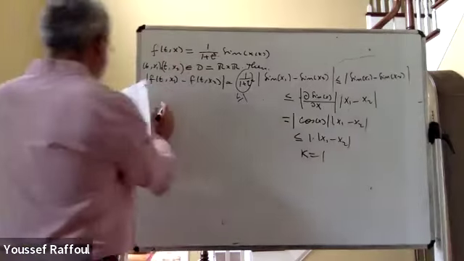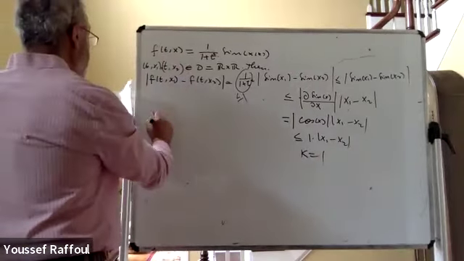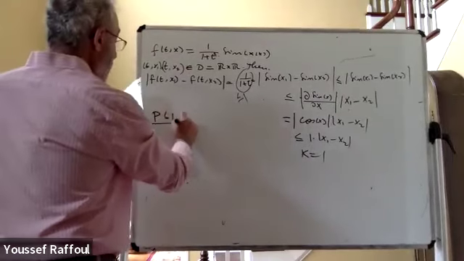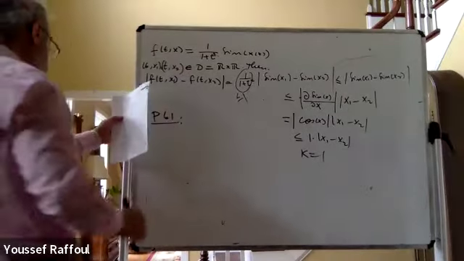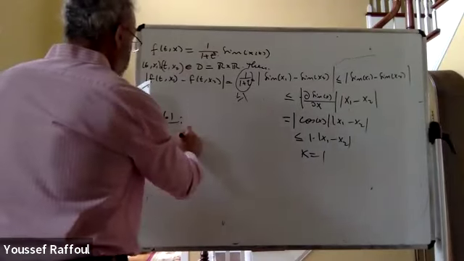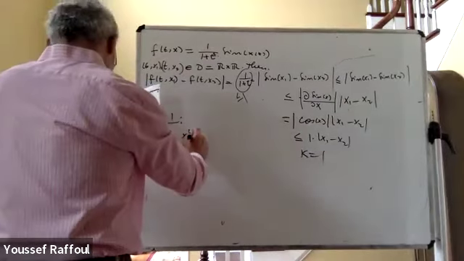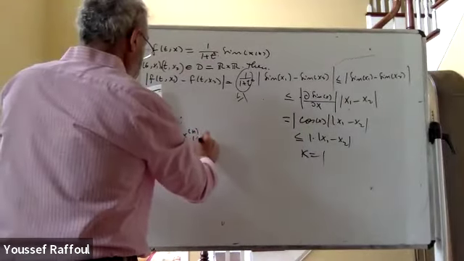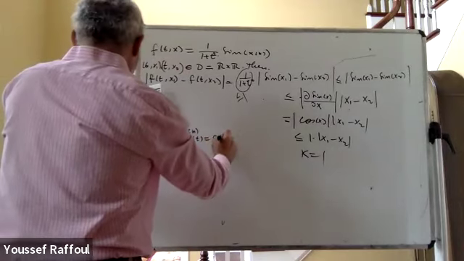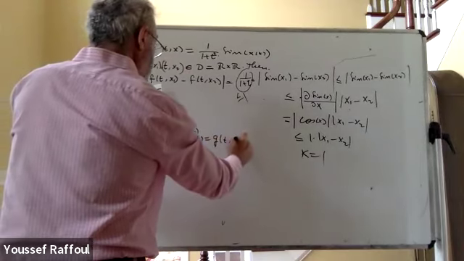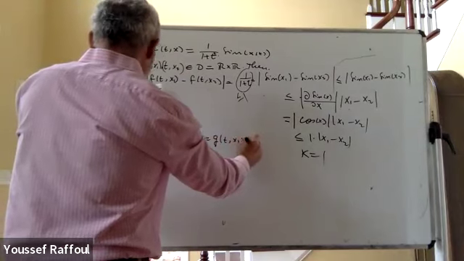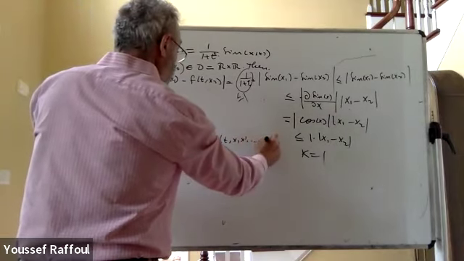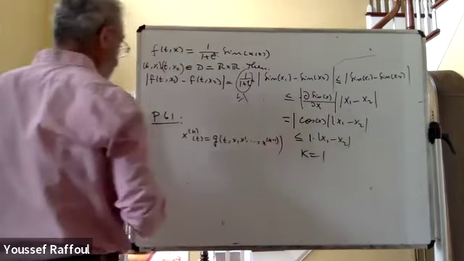Okay, so now let's take a look at, I'm on page 61 now. Let's take a look at the nth order differential equation x to the n equal to g of t, x, x prime, up to x to the n minus 1.